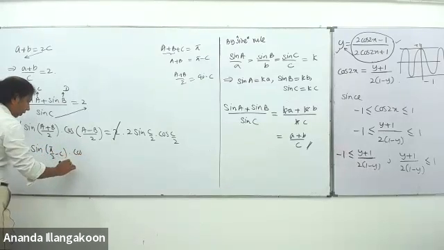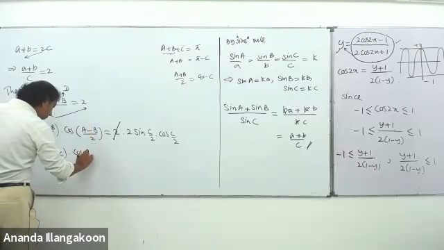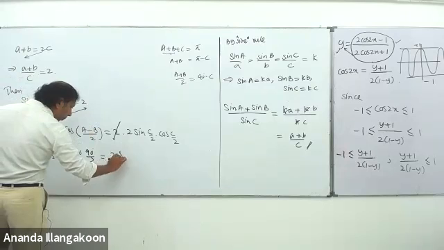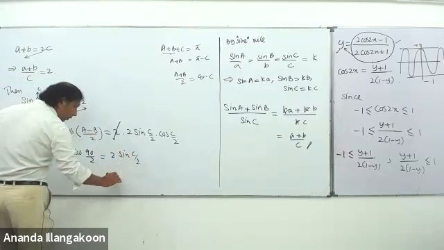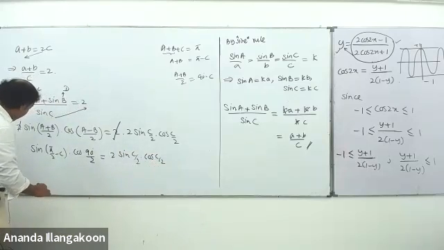Cos. People, we are given A minus B in the question. We are given A minus B as 90. So 90 by 2. Here, 2 sine C by 2 into cos C by 2. What is this, people?